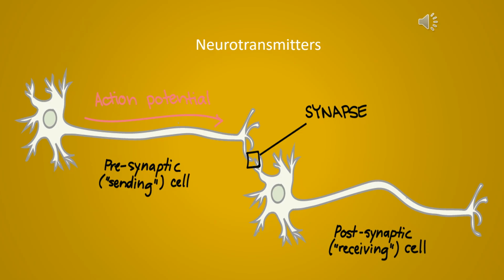So those are the neurotransmitters. They are chemicals. We know of more than 100 chemicals that are used as neurotransmitters.